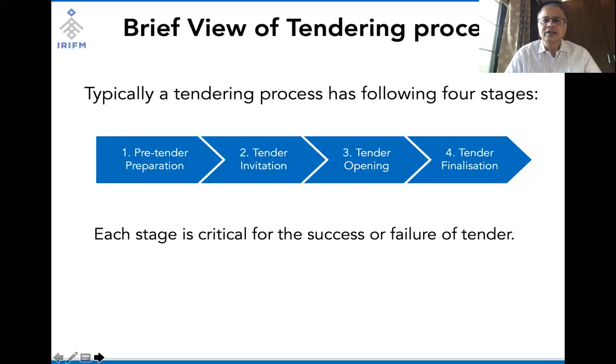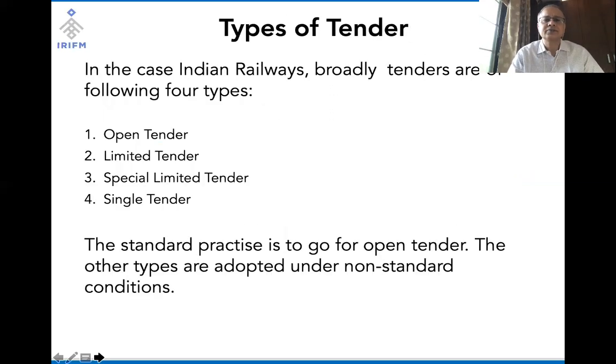And the fourth is tender finalization, which is where the tender committee sits and debates on all the offers received. The job of the tender committee is to submit recommendation to the tender accepting authority. So that role is very important, and we are going to discuss each of these stages.